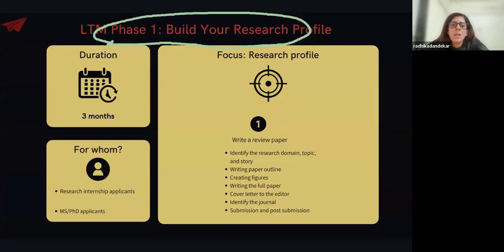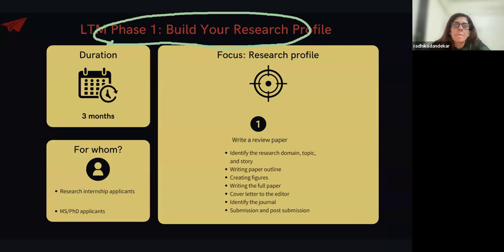The long-term mentorship phase one will basically focus on your research profile, and this is where I think you should take the maximum benefit of Videsh long-term mentorship program phase one. And why I'm stressing on it right now is because we are in the month of June, and it takes about 3 months to select a topic and write a research paper or a review paper.